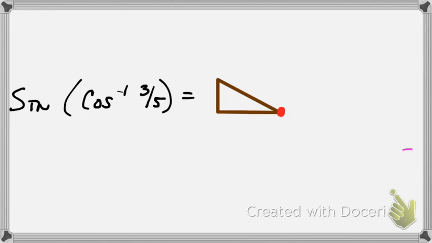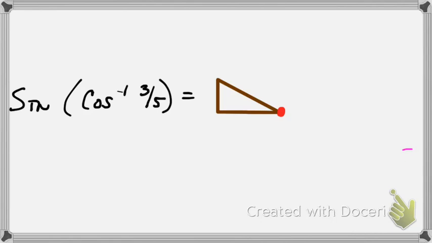We don't know what that angle is, but we know the cosine of that angle. The cosine of the angle is 3/5. So what we need to do is label our right triangle so that the cosine of the clown nose angle, thinking of SOHCAHTOA, is 3/5.